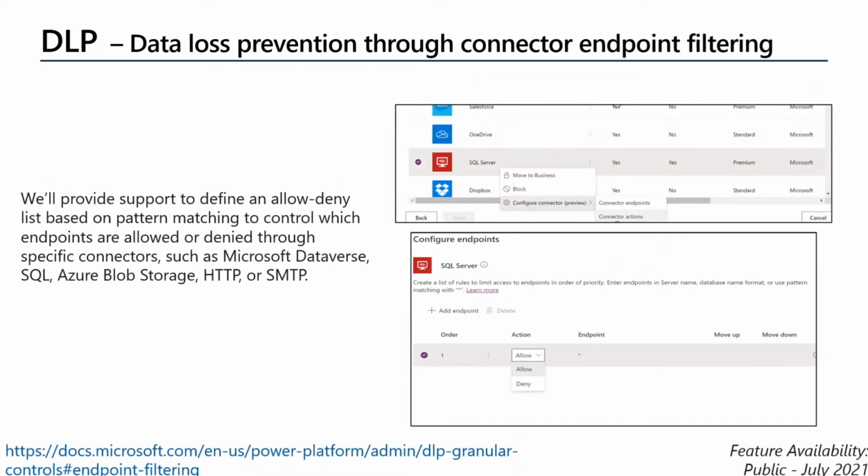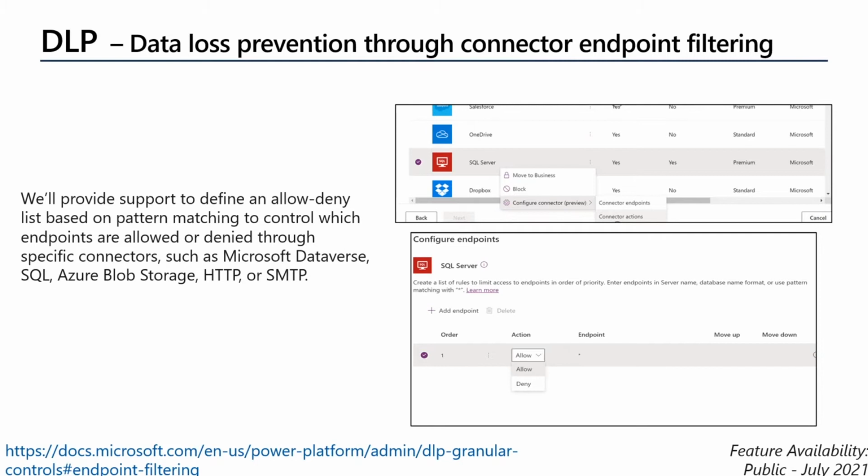Here on the endpoint filtering, endpoint filtering allows administrators to govern at a fine grain which specific endpoints will be allowed or will be blocked in the environment, at the environment level or at tenant level. Have in mind that when we specify anything at tenant level, we are applying that to all the environments inside the tenant.